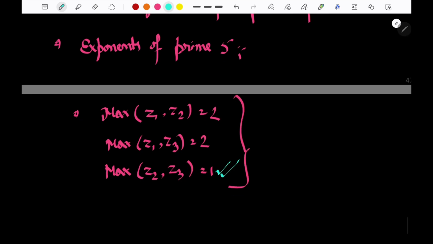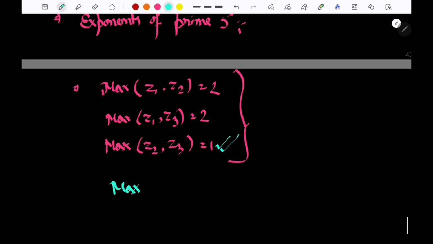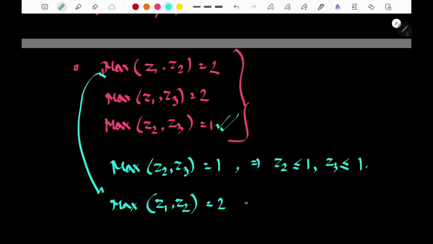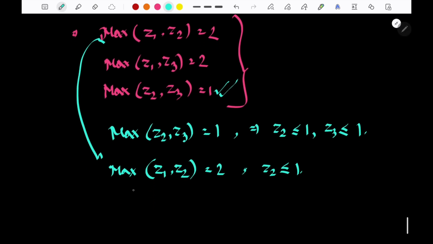We'll take the smaller value: if the maximum of z2, z3 is 1, this implies z2 is less than or equal to 1, z3 is less than or equal to 1. But if I check the maximum of z1, z2 as 2, where z2 is less than or equal to 1, then what is the other condition?